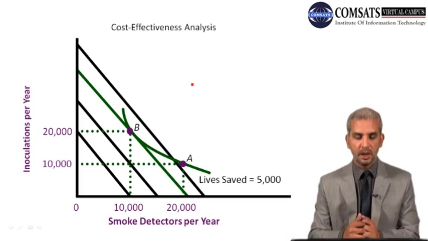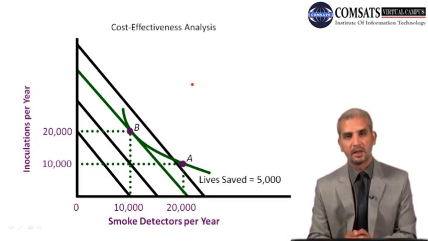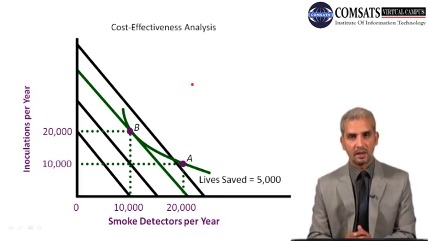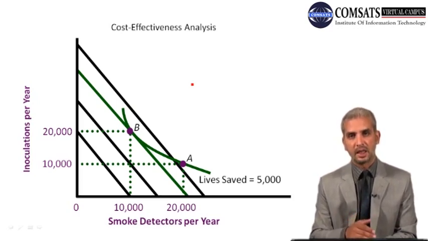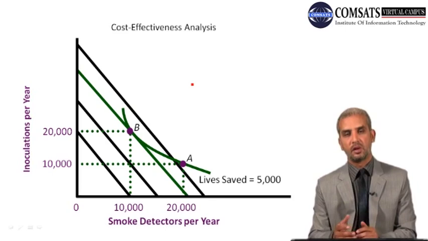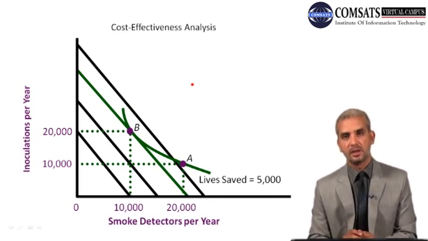Now what would be the optimal point? Let us discuss those optimal points. For that we need to understand the ISO-cost line, or a family of ISO-cost lines, represented as parallel straight lines from the x-axis to the y-axis. ISO-cost is basically a same-cost scenario. ISO means same, cost means cost.